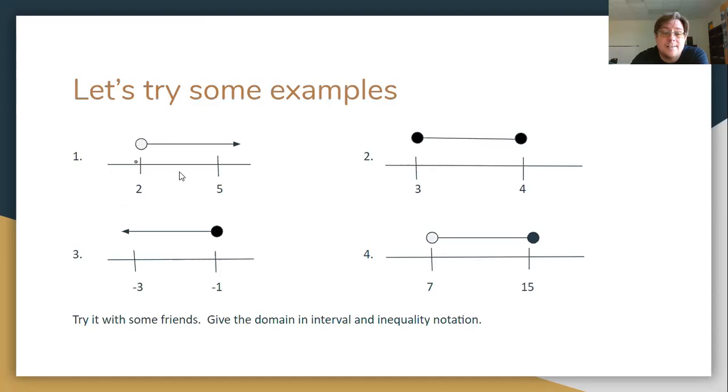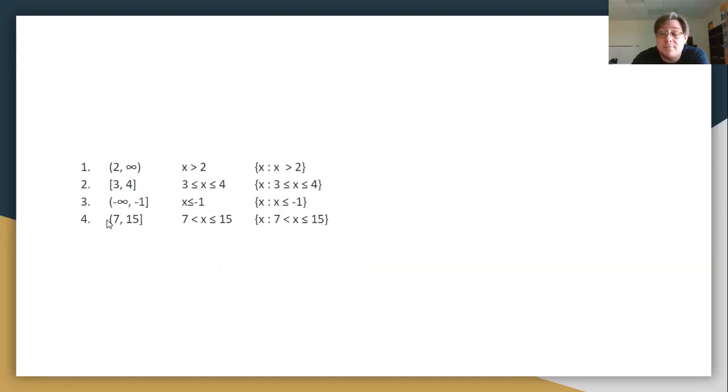Number 3, we are at -1 up here, and then it goes all the way down to negative infinity. So again, we always write the intervals from left to right. So we're going from negative infinity up to -1, and we were able to be -1, so we use a bracket. Our inequality notation then is just x is less than or equal to -1. We have our set.